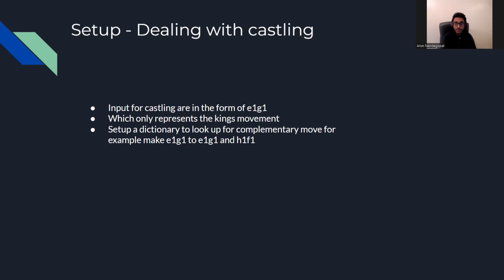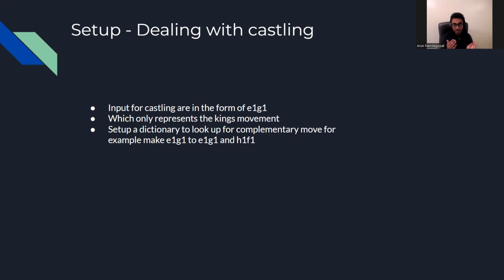So, in case of castling, that's another scenario wherein you just get, for example, E1 to G1, which is just the movement of the king, but you do not get the movement of the rook, which would be H1 to F1. So, if we need to make this work, in the scenario where the input says that this move represents a castling move, we utilize that, and then we derive subsequent moves.